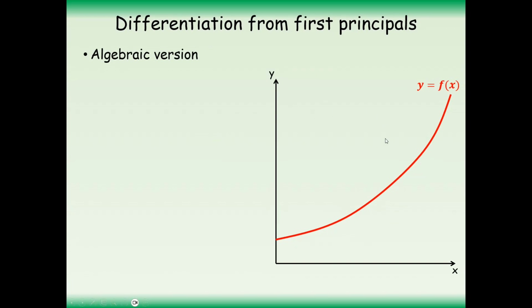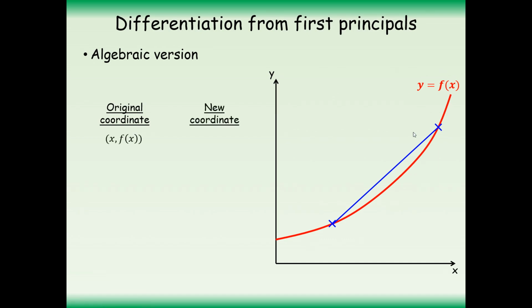So let's look at the basics. The basic definition of the gradient is to find the change in y divided by the change in x. Now, the change in y is always, in terms of calculus, found by applying the function to x values.